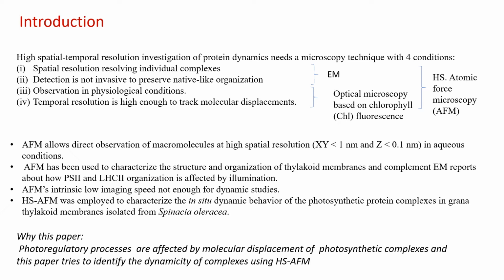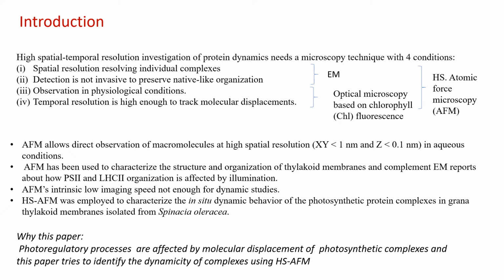In order to have all four criteria, atomic force microscopy that has a high speed is used. That is because it can give you a high spatial resolution, and AFM generally helps in characterizing the structure and organization of the thylakoid membrane.